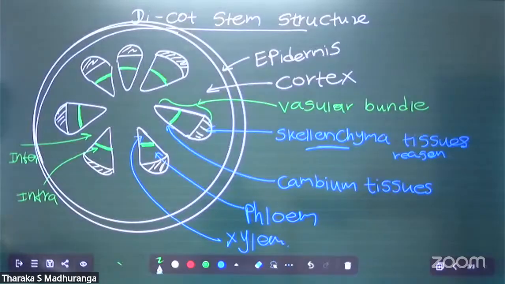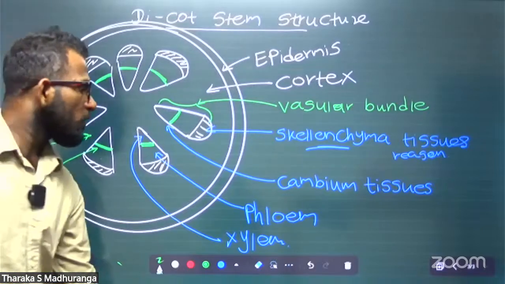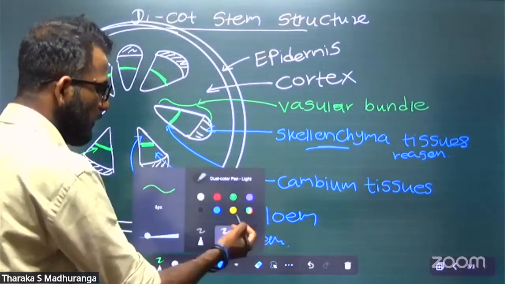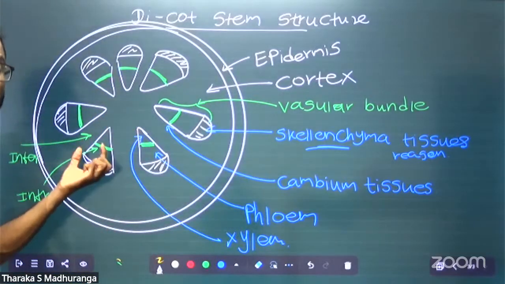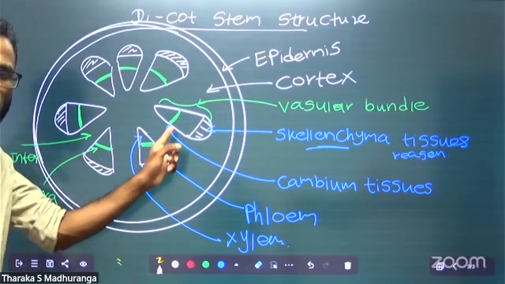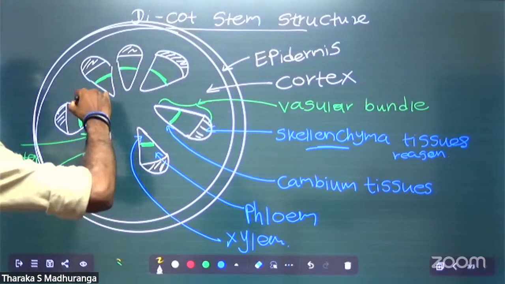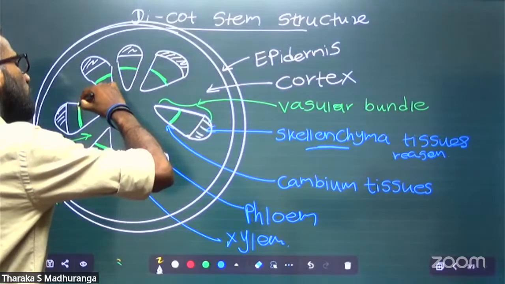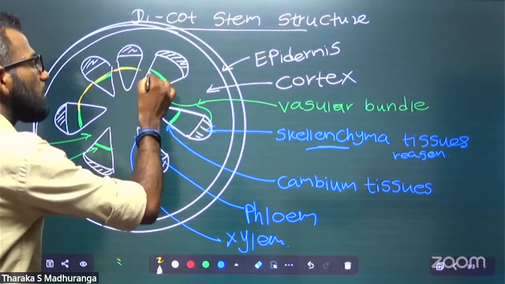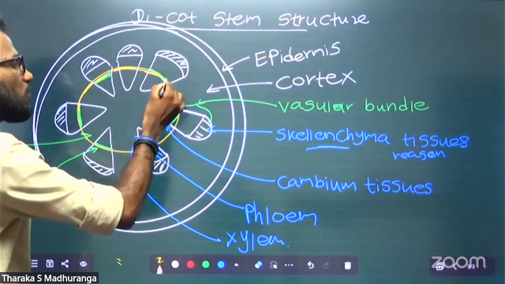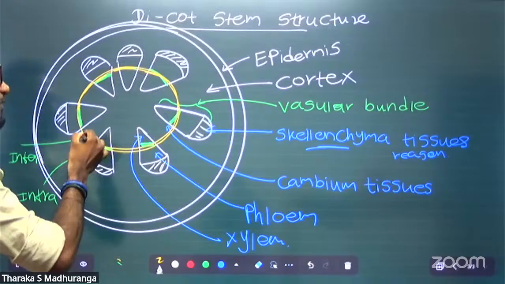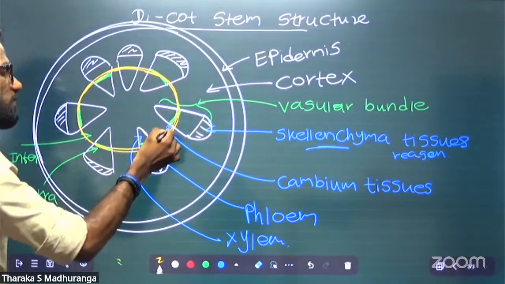Okay, now the most important thing. The intercalary cambium and intracalary cambium, all these cambium tissues join together and produce a cell region like a circle, like a band. They produce new cells and develop as a circle.